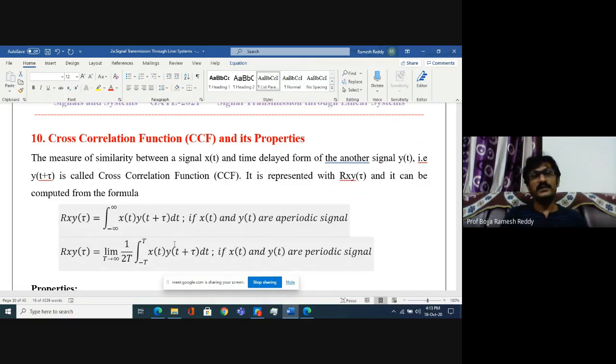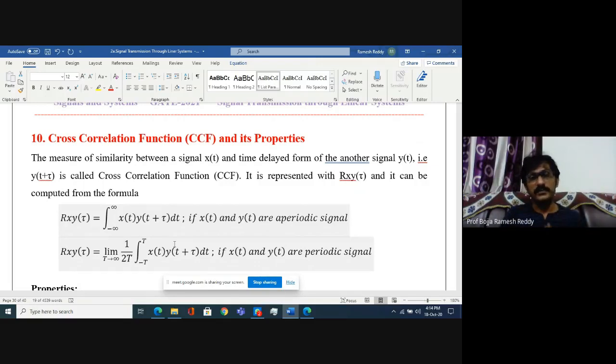By using the cross correlation function. If you want to compare the input and its delayed form, go for autocorrelation. If you want to compare the output and its delayed form, go for the autocorrelation function. The autocorrelation function of input and of output are both practical. Now, to compare input and output, use the cross correlation function.